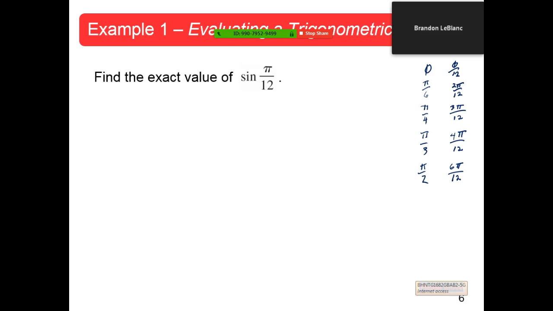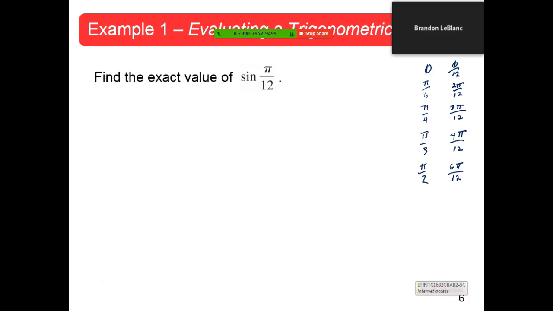Now that you've got the same denominators, those are the same angles as these here, they're just written in twelfths. Can you see either a sum or a difference that may come out being pi twelfths? There's actually 2 of them. Can't somebody see? A difference between 2 of these that comes out to be only pi twelfths.